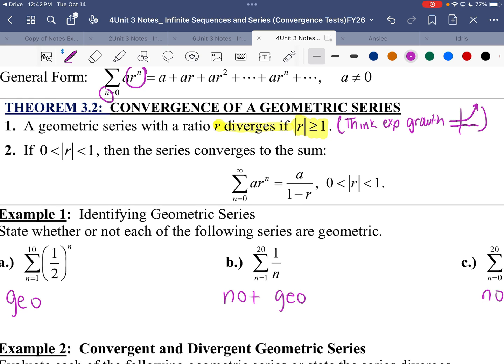If R was 0, you'd be left with 0. So then it's also just not really a series anymore, it's just 0, because adding up 0 plus 0 plus 0 is 0. Okay, I guess it's converging, but it's not like a sum. It's just 0. So if r is between negative 1 and 1, absolute valued, then it would be converging.